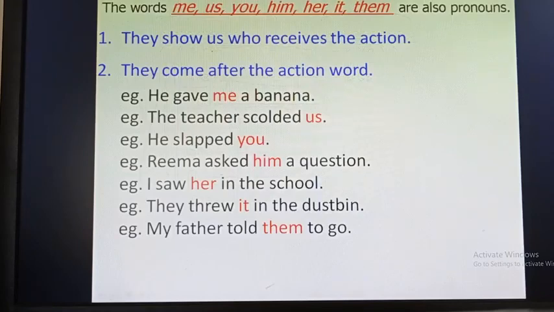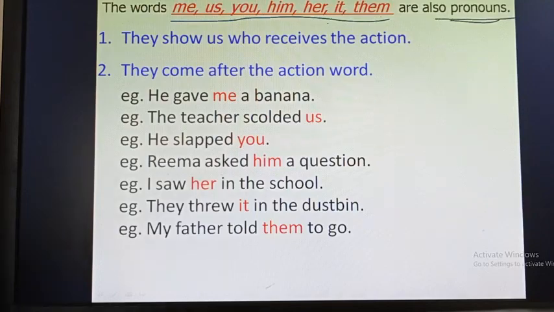See here now. The words me, us, you, him, her, it, them are also pronouns. They are in the accusative case.